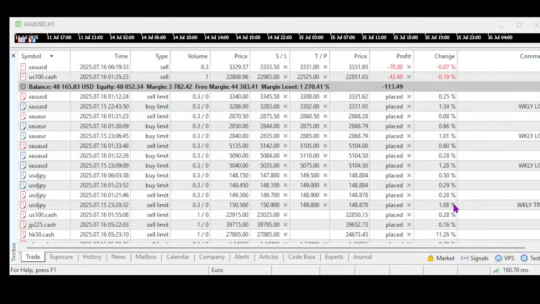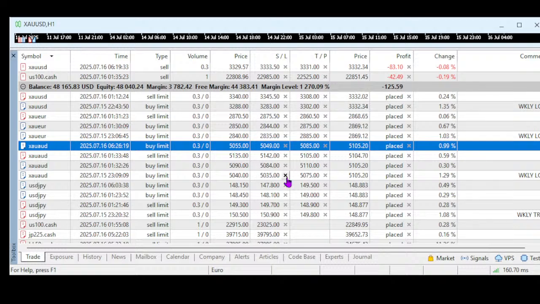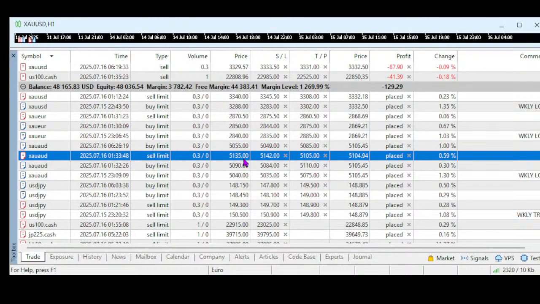Today's data might go either way, up or down, so we don't have to bother about this. So we just key in a day trading buy. We can also have a day trading sell, which is selling at 5135, which is below yesterday's high. So this is also a valid signal.